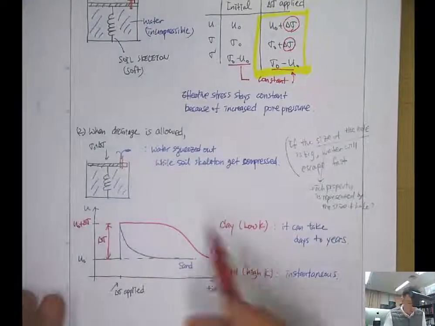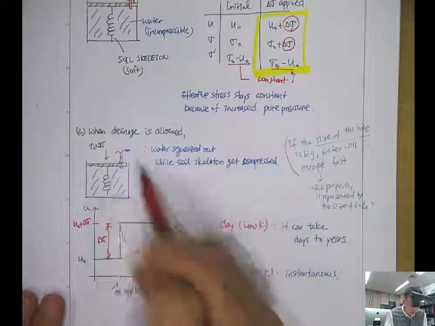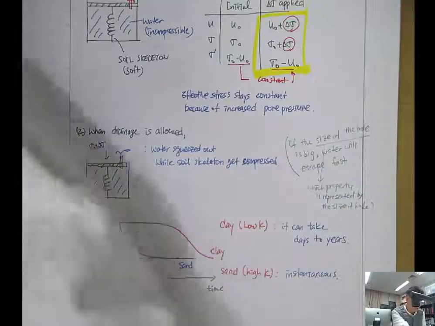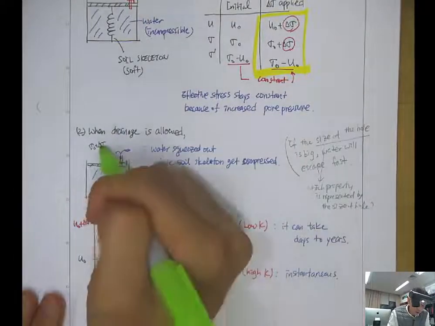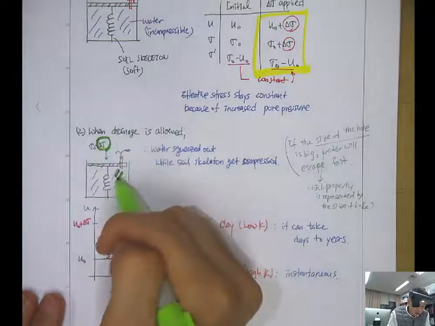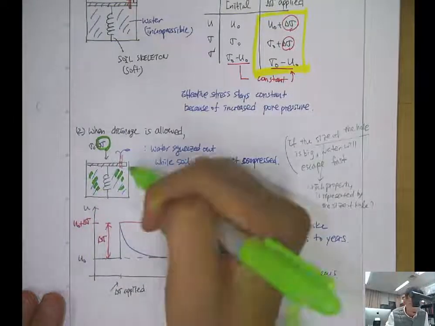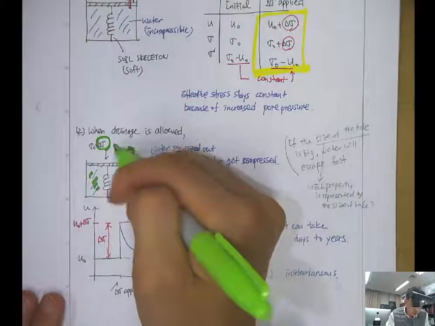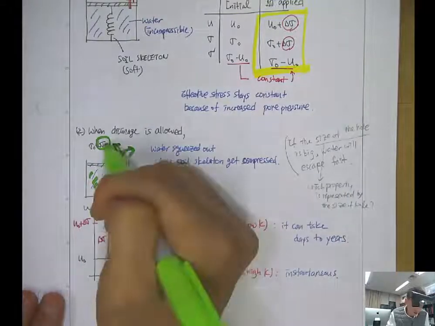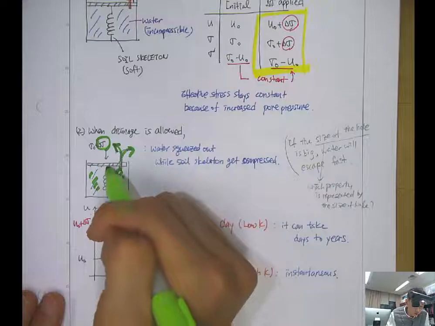So again, if we come back to this diagram, initially this delta sigma was taken by this water, but as the water is escaping, this delta sigma is transferred to this spring.